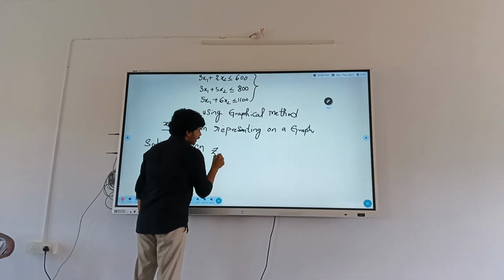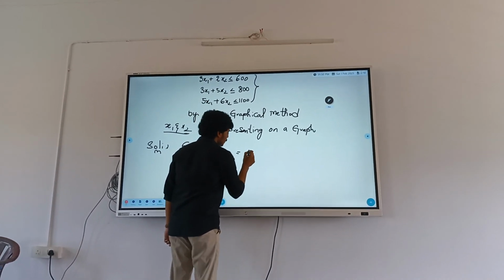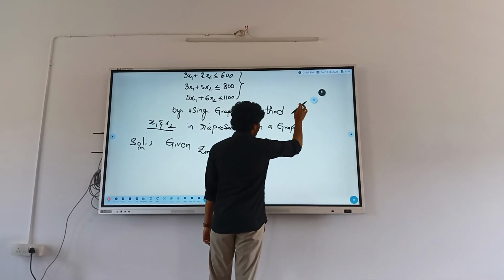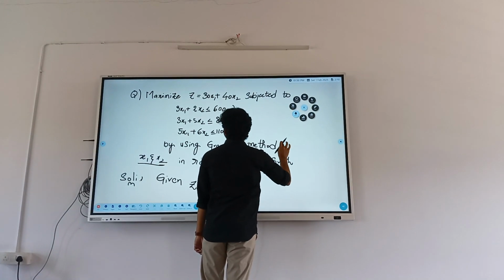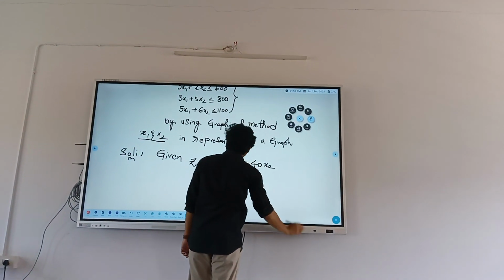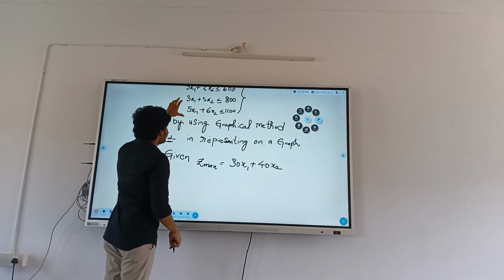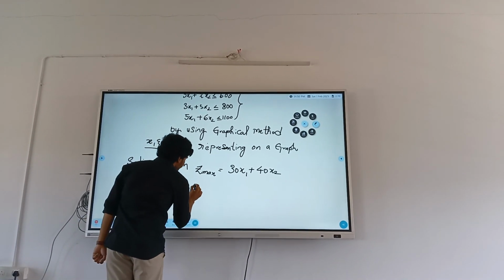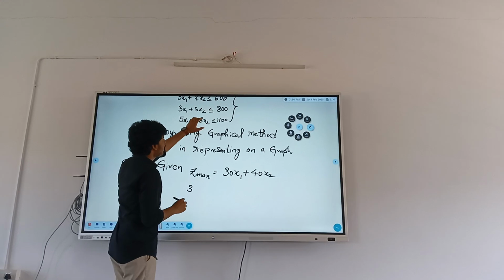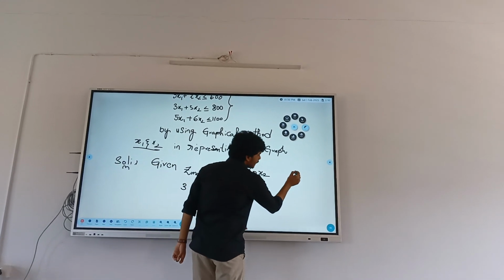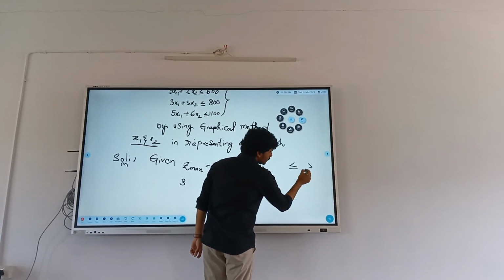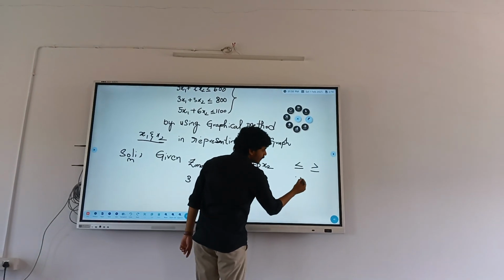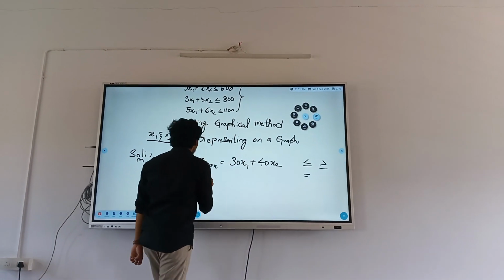Given z max, we have three equations, written as inequalities, so we have to equate them to linear equations.